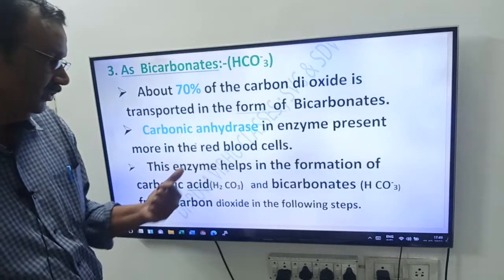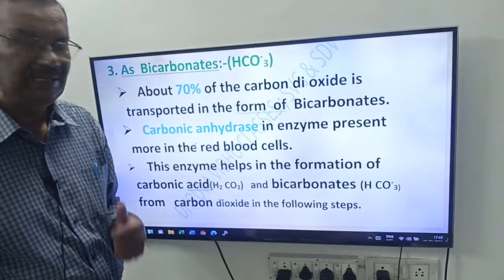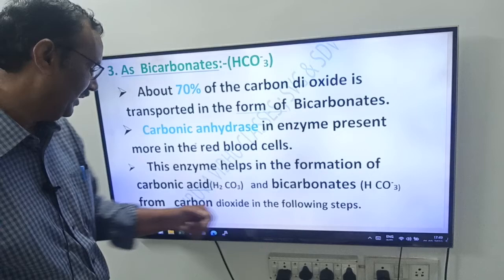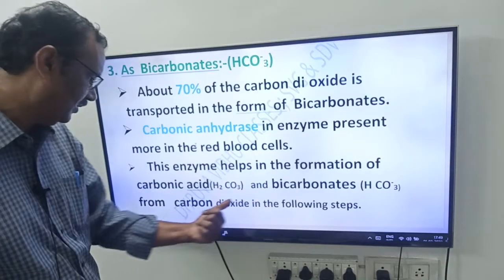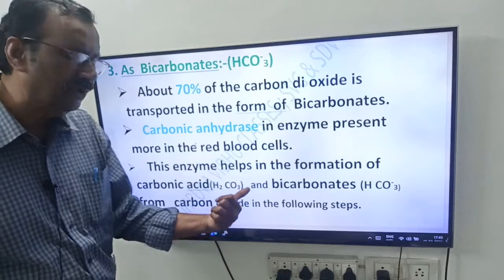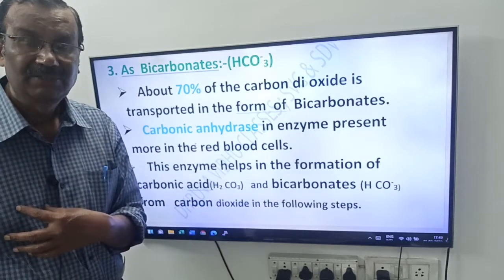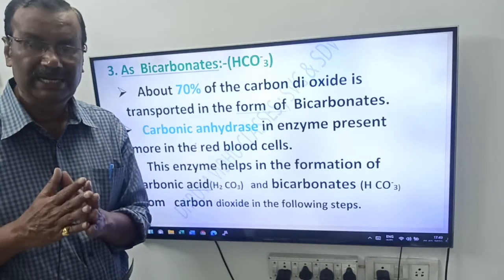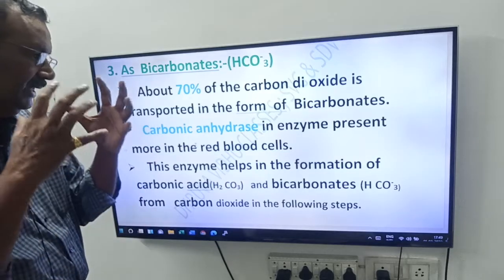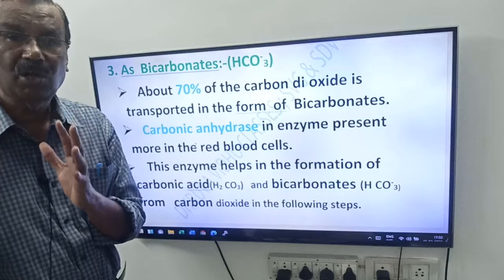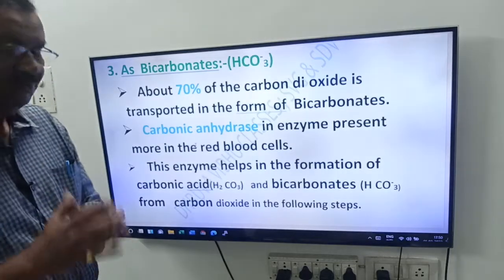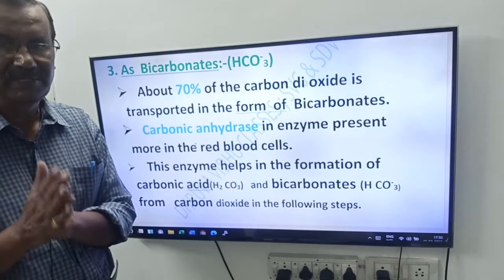Carbonic anhydrase helps in the formation of carbonic acid and bicarbonates from carbon dioxide in the following steps. What is the use of this enzyme? It helps in the formation of carbonic acid and bicarbonates from carbon dioxide.